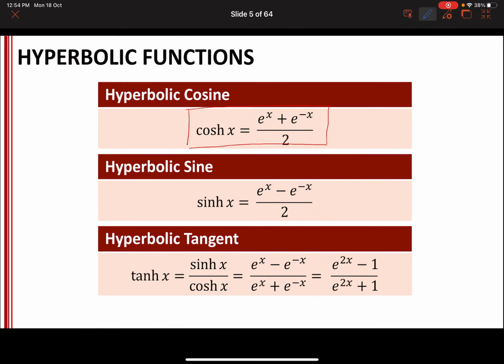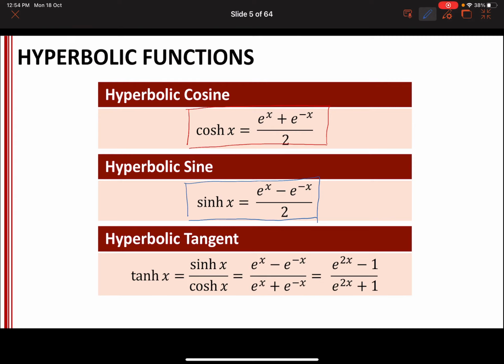Here you can see that it is actually a combination of exponential functions. The second one is the hyperbolic sine, which we pronounce as shine. So, it is e^x minus e^(-x) divided by 2.